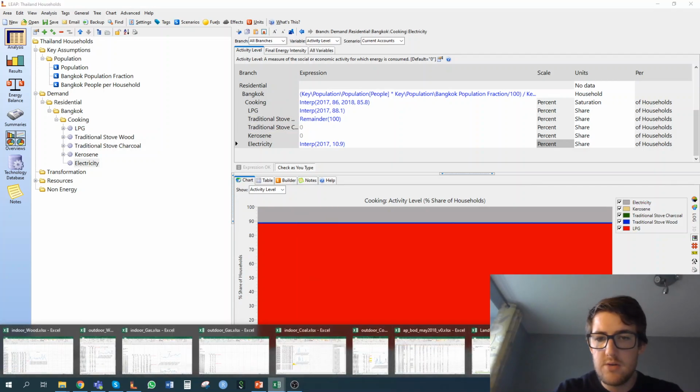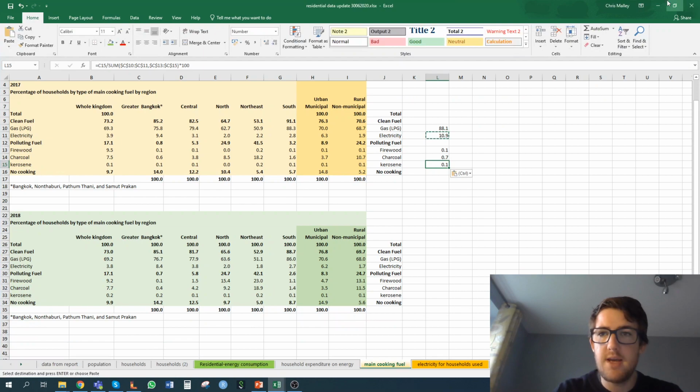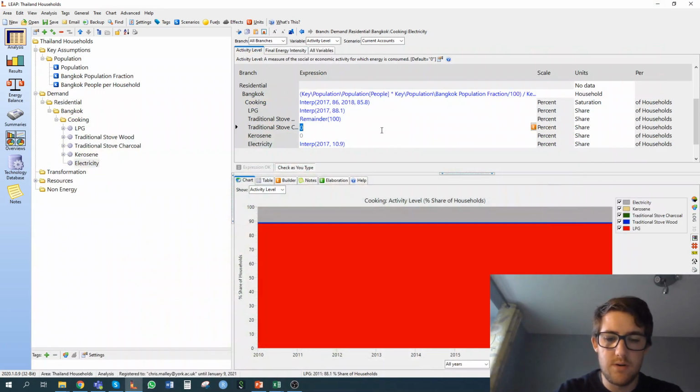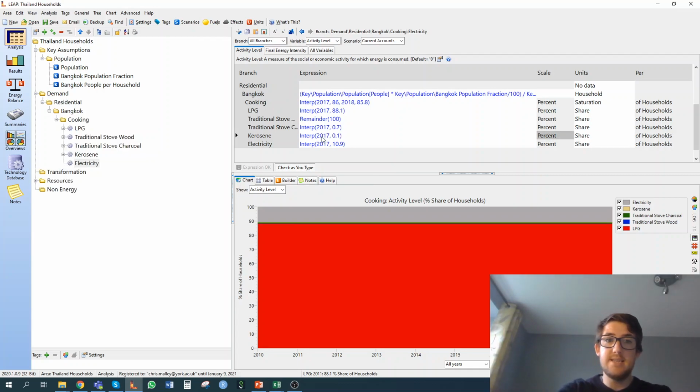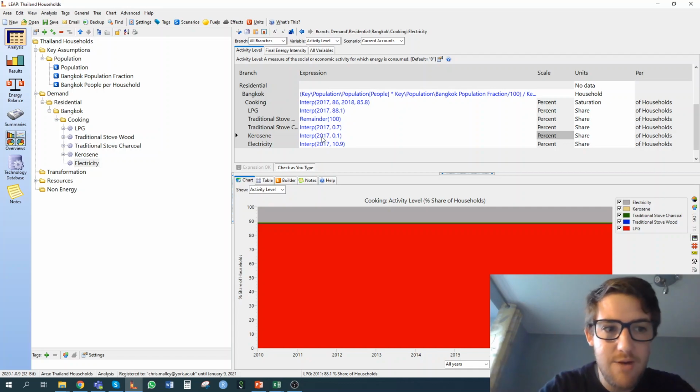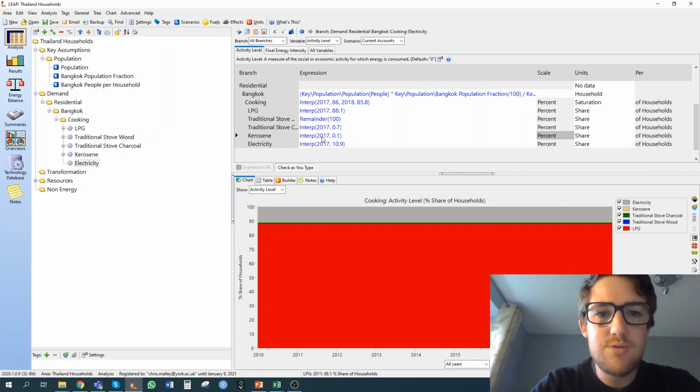For charcoal, it was 0.7 and kerosene 0.1. Okay, so now I've entered all that data in terms of the percent share of households that use different types of fuels and technologies for cooking.